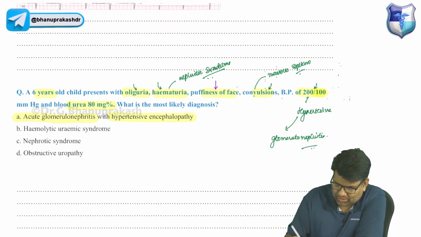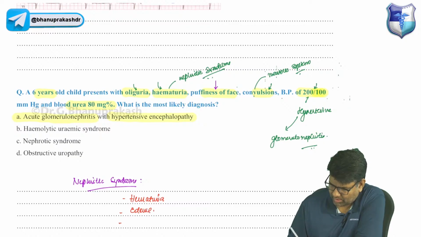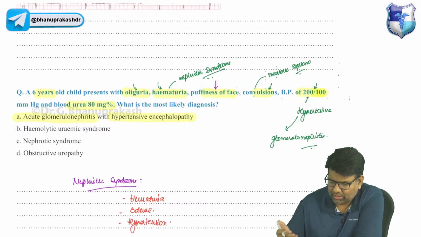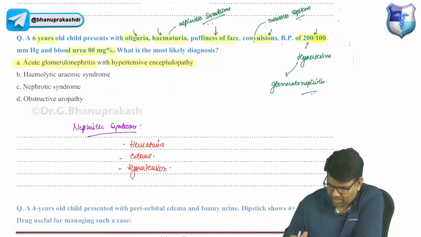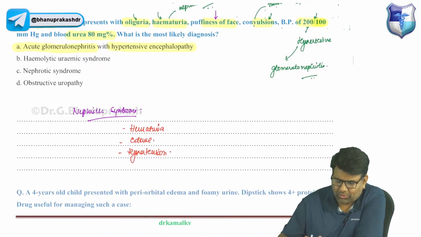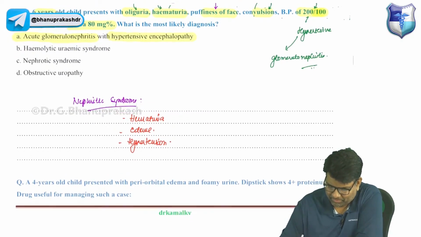We have already discussed what we find in nephritic syndrome: hematuria, right? Edema, and hypertension. All this is AGN, nephritic syndrome. So this is acute glomerulonephritis with hypertensive encephalopathy. Clear?